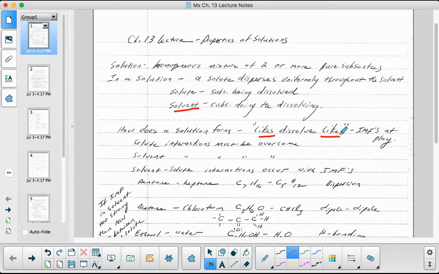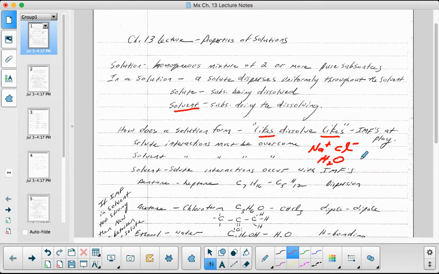So, for instance, NaCl is made up of positive ions and negative ions, and when it's in solution, it will separate into those ions. When that's put into water, because water has a very strong intermolecular force, the hydrogen bonding force, it's very compatible with an ionic substance because it will form that ion-dipole attraction.